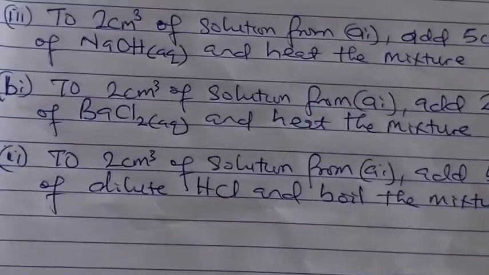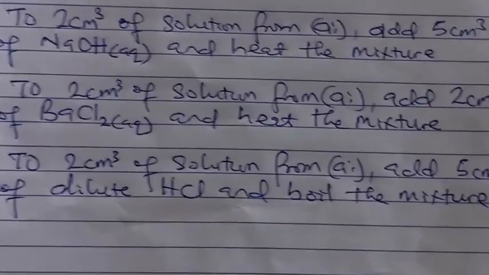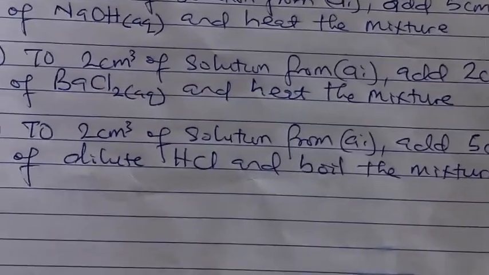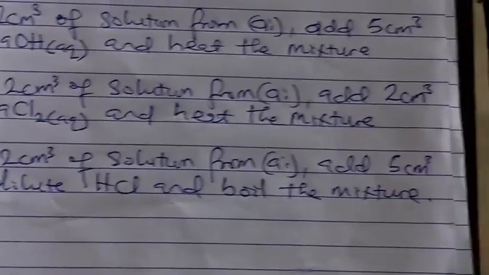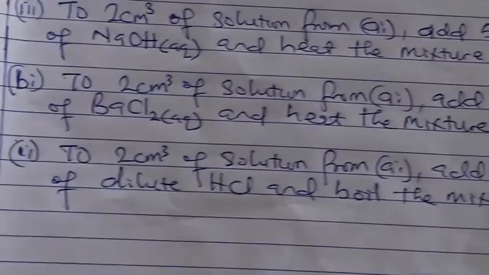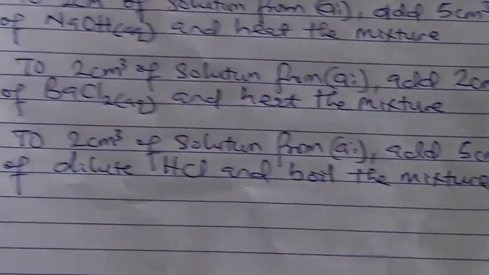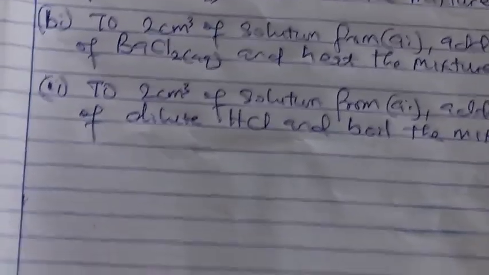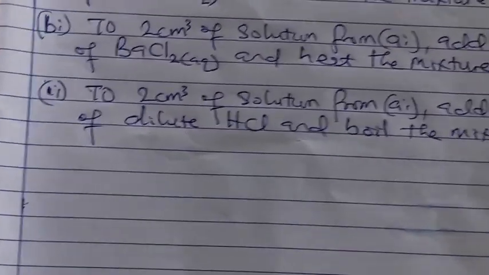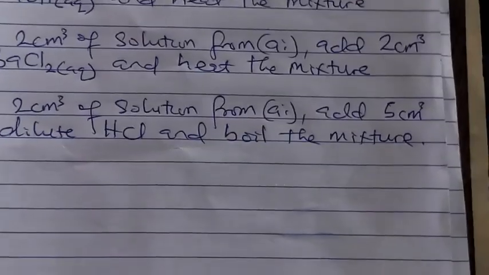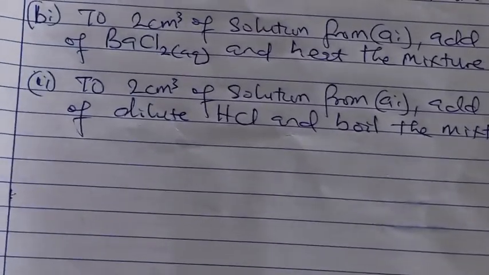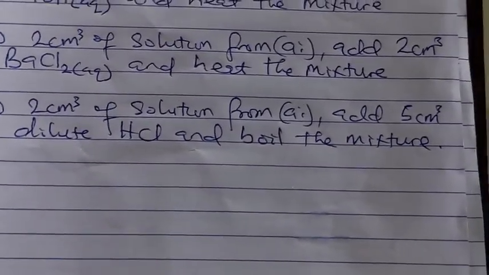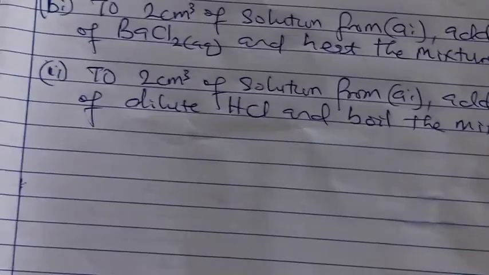BI says to 2 cm³ of solution from AI, add 2 cm³ of barium chloride and heat the mixture. So you look at the one we did some minutes ago, and look at this one.